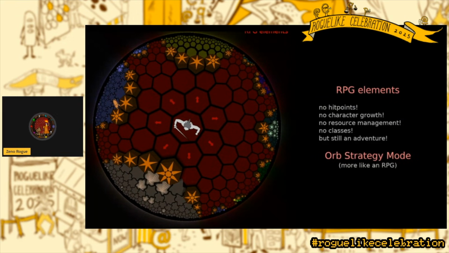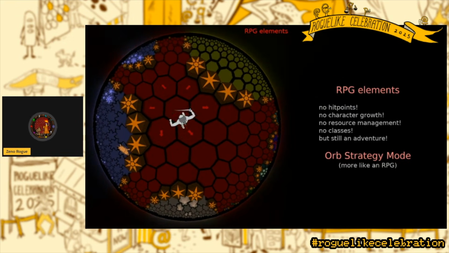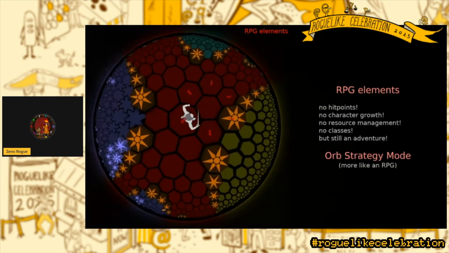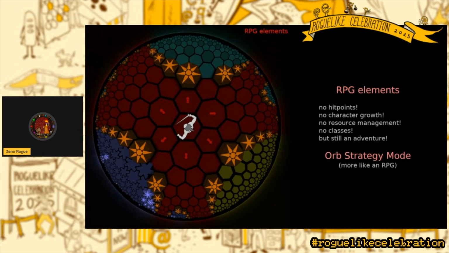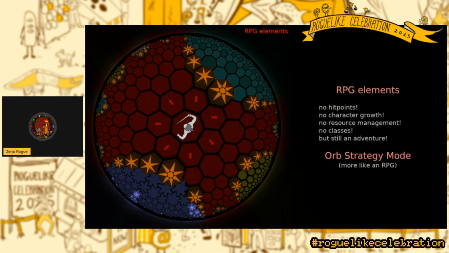But on the other hand, there's some take on all of this. For example, there are no hit points, but I have seen an interpretation of hit points, according to which the idea of hit points is that they don't actually correspond to being unwounded, but to a general state, which includes, for example, tactical positioning.